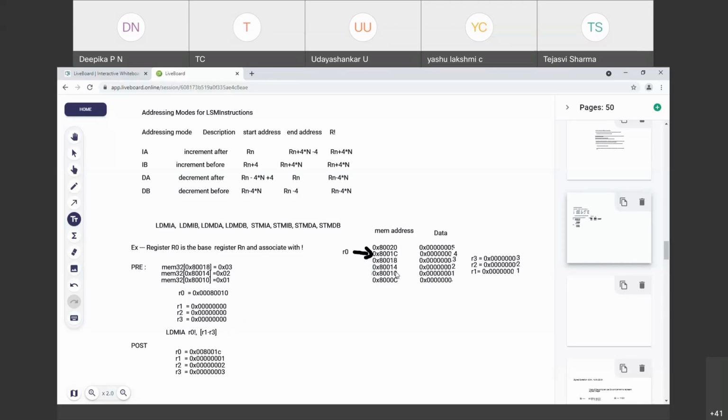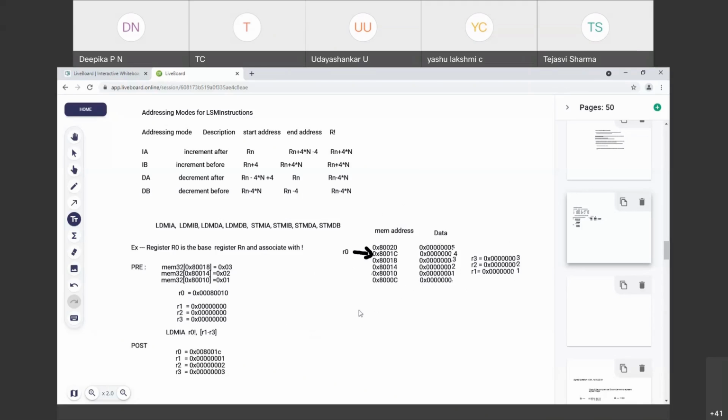It keeps incrementing itself and moving the values to the registers R1, R2, R3, and presently it is pointing to the address 80,001C. That is updated after the execution of this instruction. This is what you should write, before and after: how the graphical representation of the memory location looks with the data, you should show.